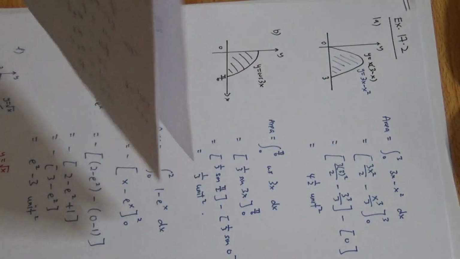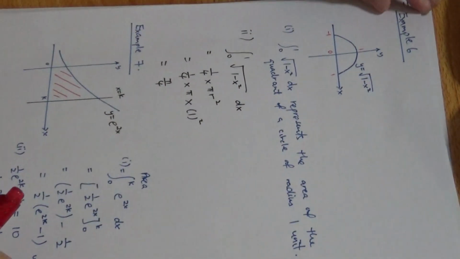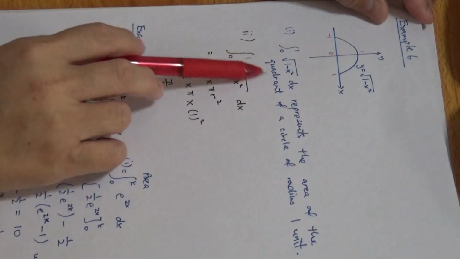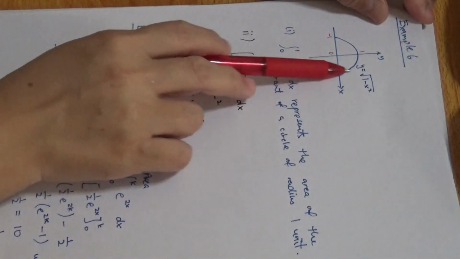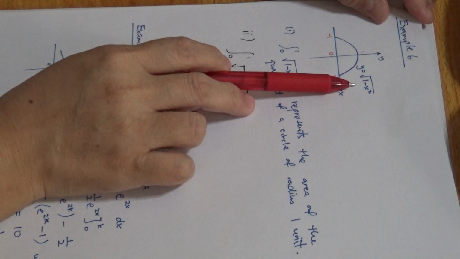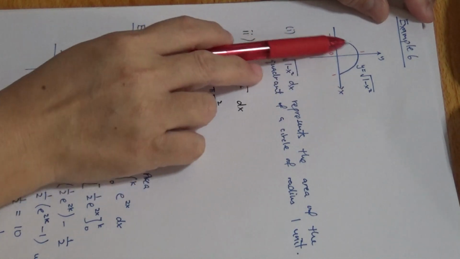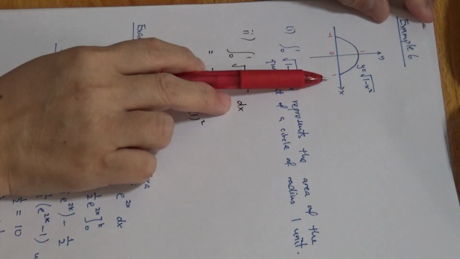Now let's take a look at example 6. Example 6 says that this is the graph of y equals 1 minus x squared. The region bounded by the curve and the x-axis is a semicircle. They tell you this is a semicircle.